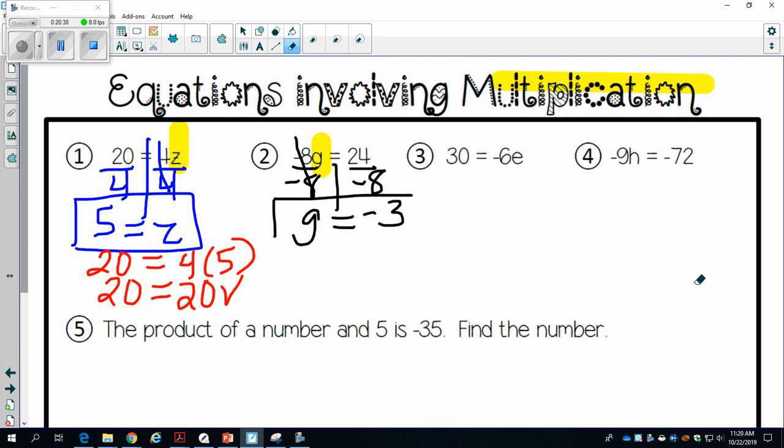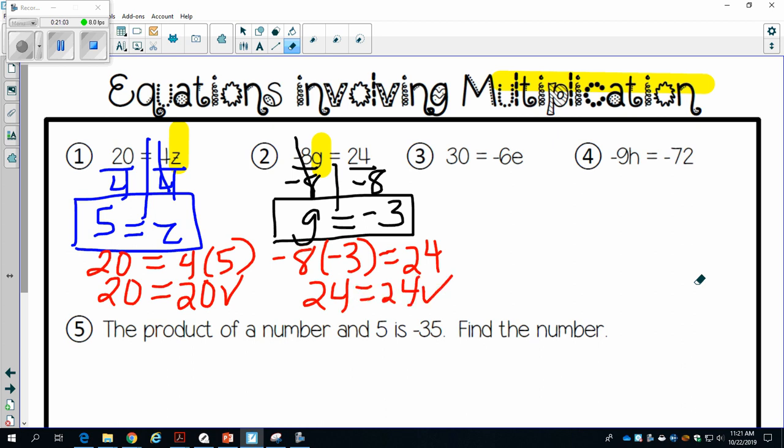So that is my solution. I'm going to put it into my original equation, -8 times -3, and we're going to see if that's 24. So go ahead and put that into your calculator, -8 times -3. -8 times -3 is 24. 24 is equal to 24, so it's going to check.